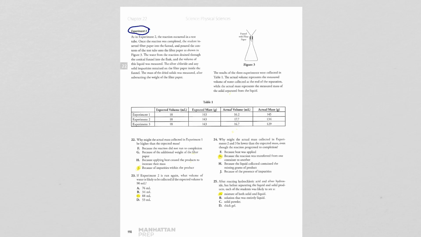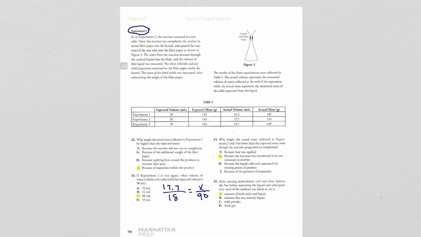If we set this up as a simple proportion, 17.7, the actual, divided by the expected of 18, equals x divided by 90, so essentially you're solving for x. Now you can't use a calculator, but you might be able to deduce that since 17.7 is very close to 18, the answer is going to be very close to 90. So 88 milliliters is the best answer.